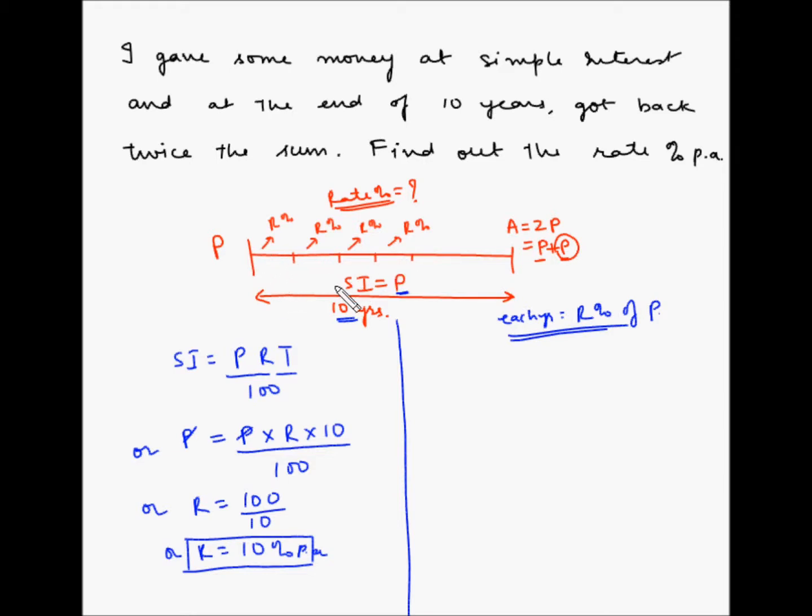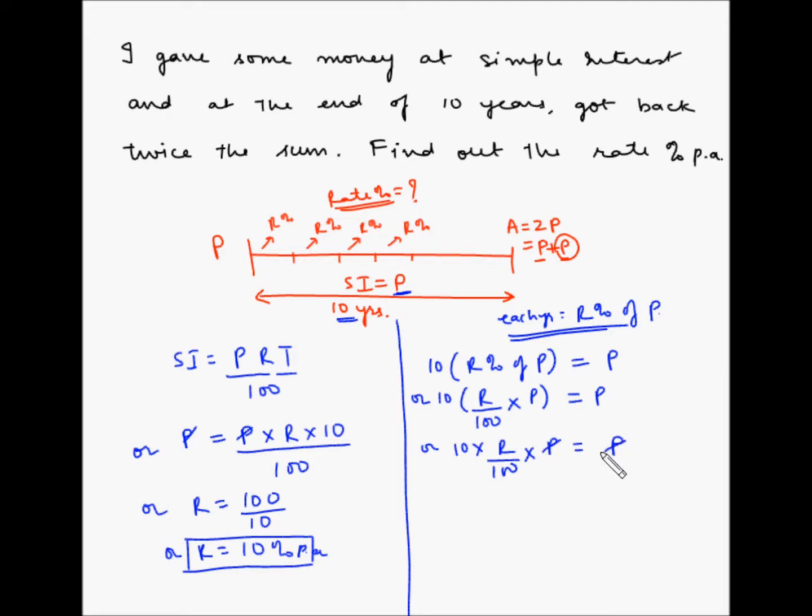Now there are 10 years, so the total interest gained for 10 years is going to be 10 multiplied by R% of P, and this whole amount is equal to the principal amount because the simple interest for 10 years is equal to P. So 10 multiplied by, now R% can be expressed as R divided by 100 multiplied by P, and this is equal to P.